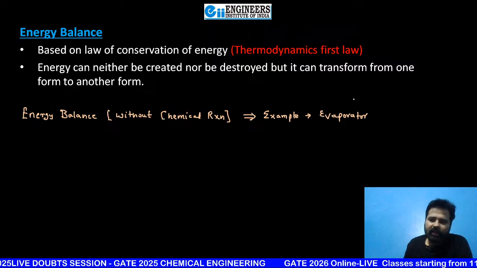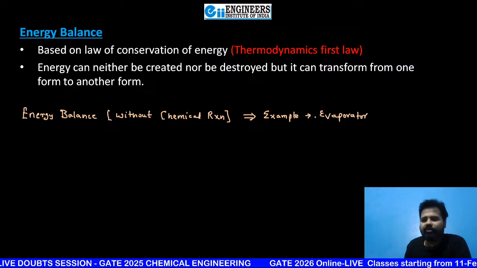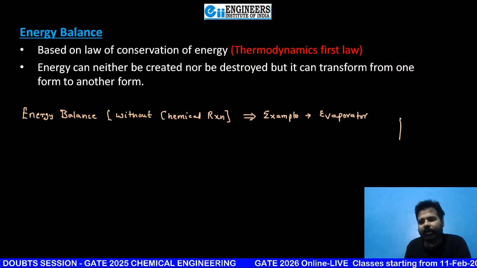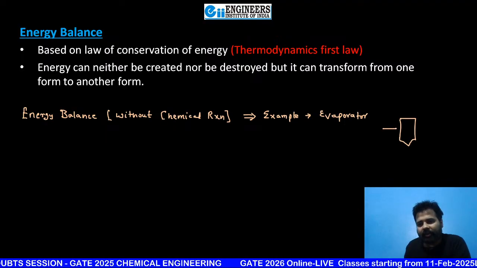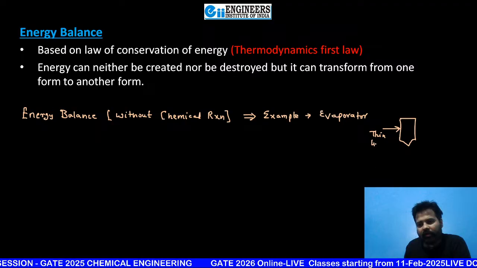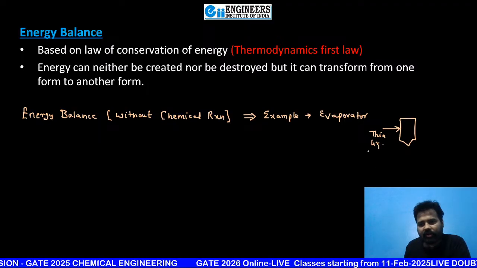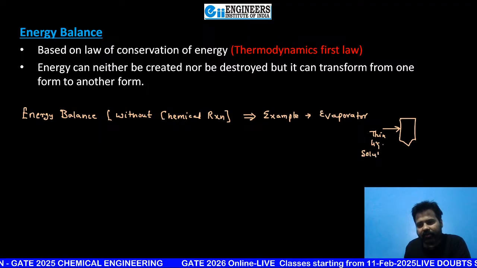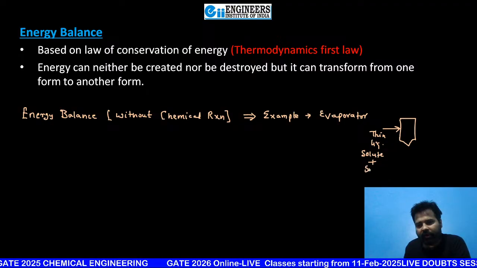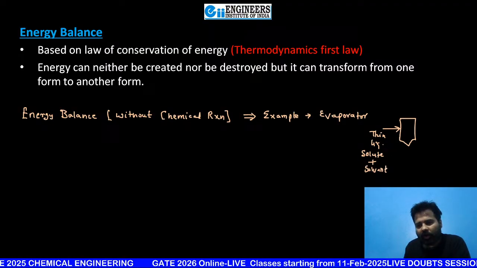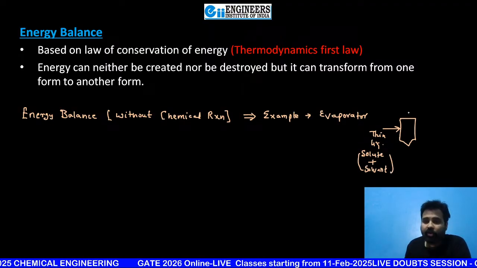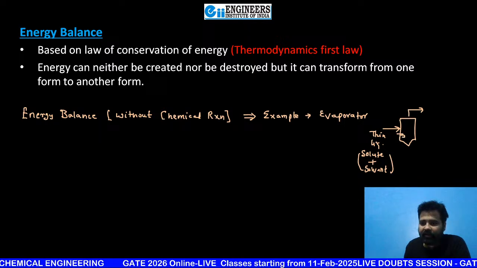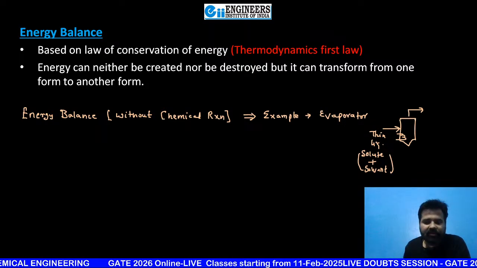So in an evaporator, what is going on inside? You are feeding some thin liquor, in which some solute is present along with some solvent, like water. From here you are providing energy with the help of some steam coils.